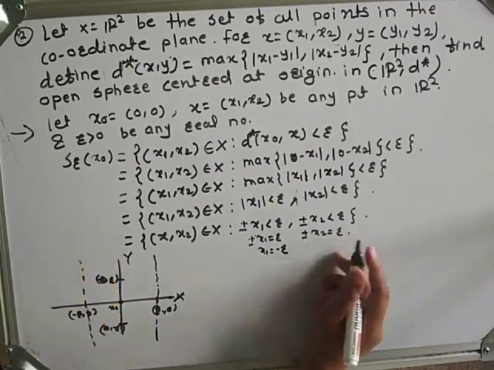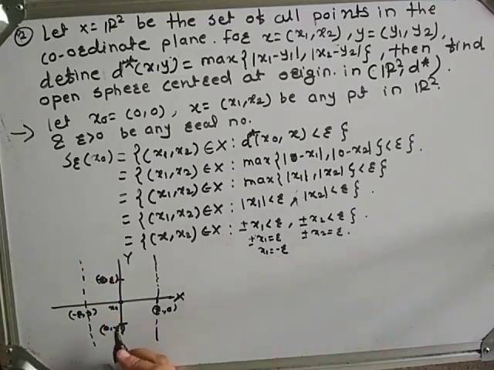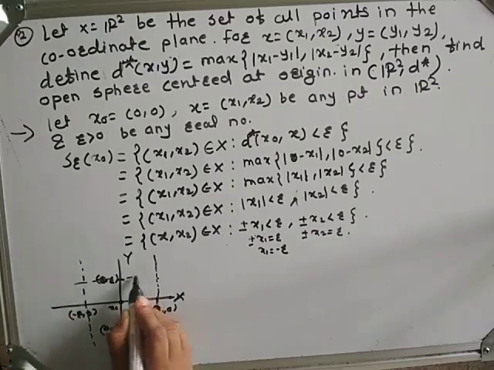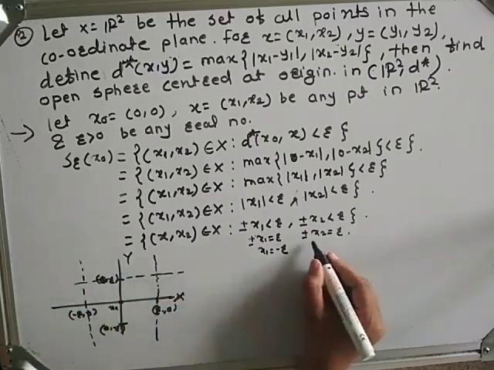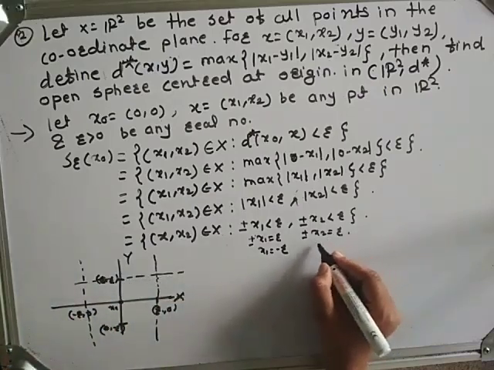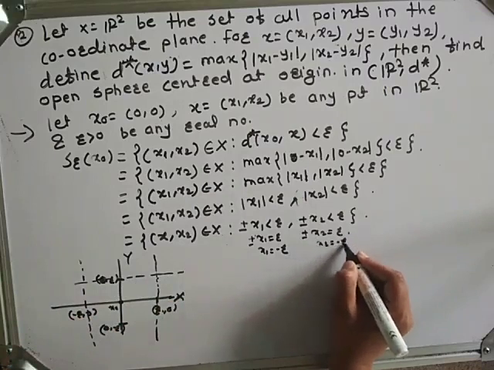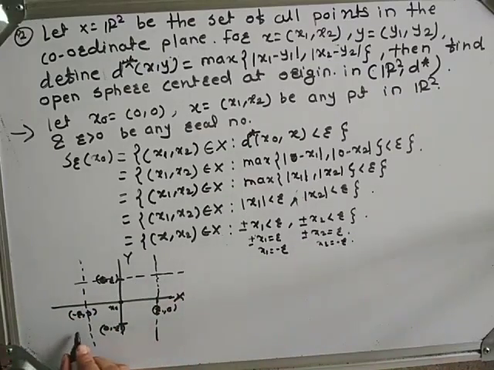When x2 is equal to r, it is a straight line passing through the point 0, r. When minus x2 is equal to r, it means x2 is equal to minus r. It is a straight line passing through the point 0, minus r.